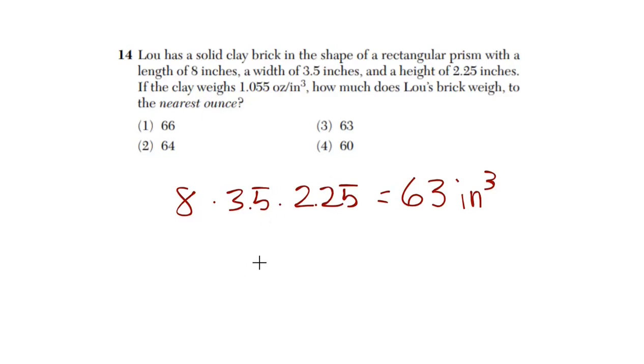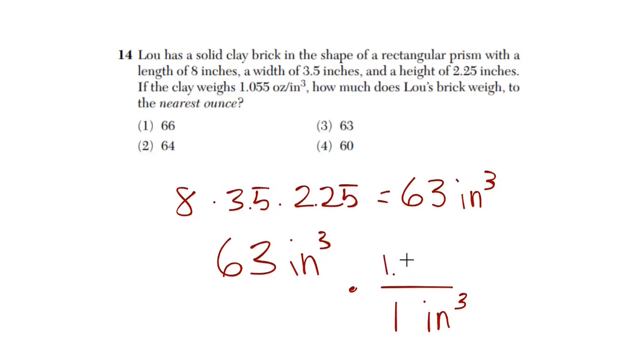If you remember your fun dimensional analysis from back in the day, we can write it like this. You don't have to write it like this, but I want you to know how it looks. Dimensional analysis just means we write fractions where the units cancel. So 63 inches cubed times, and we want these units to cancel out, so cubic inches goes on the bottom, and for every 1 cubic inch, it's 1.055 ounces.